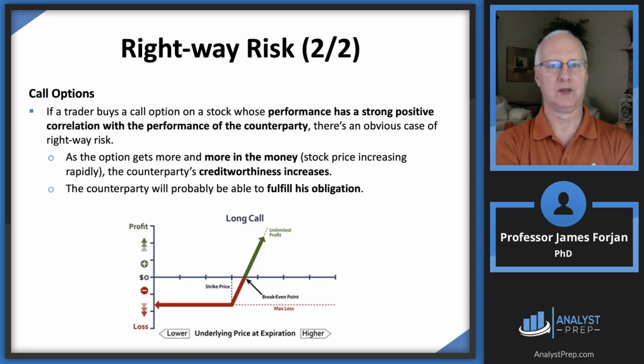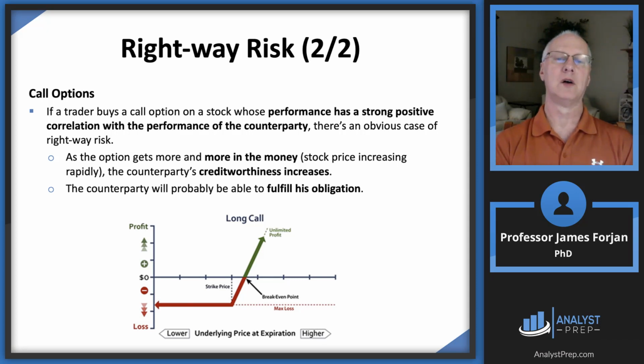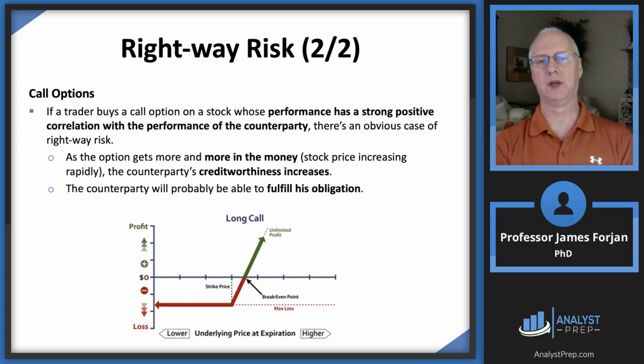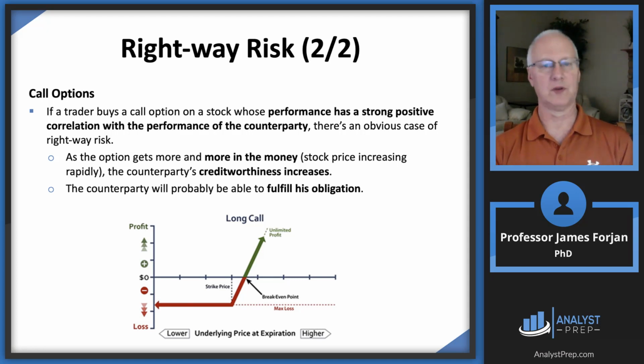How about a second example of right-way risk, a call option? Let's suppose we buy a call option on a share of stock. So we have the right but not the obligation to buy a share of stock at some fixed exercise price. So what are we betting on? We're betting on a strong performance of the underlying company, right?